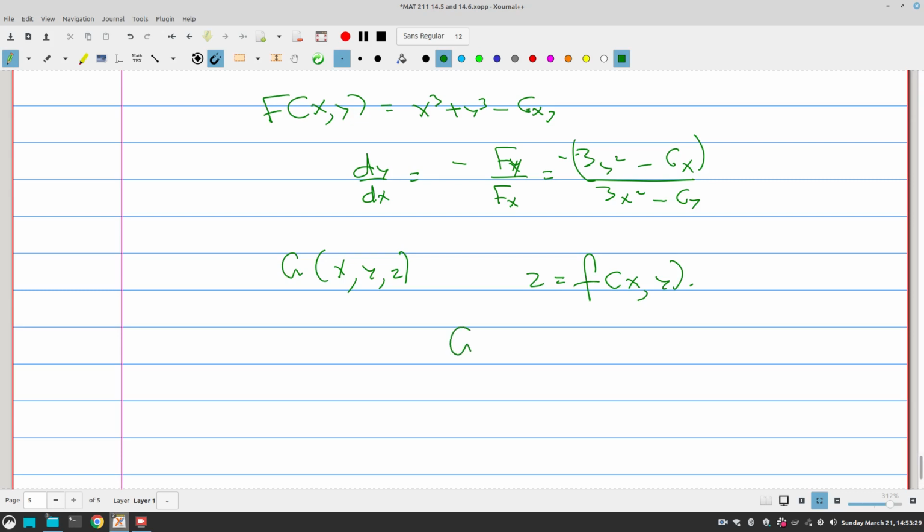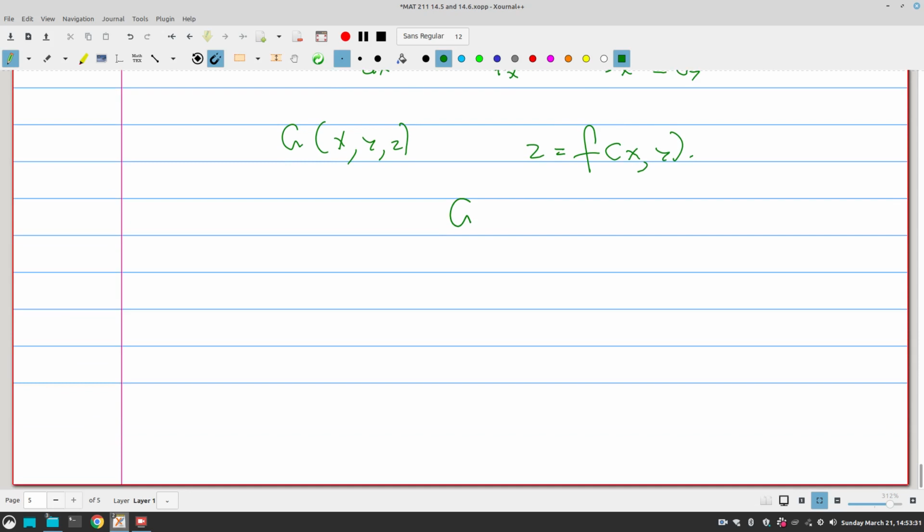Now g is a function of x, y, and z, and z is of course a function of x and y. x and y are independent of each other. We're not going to relate them.